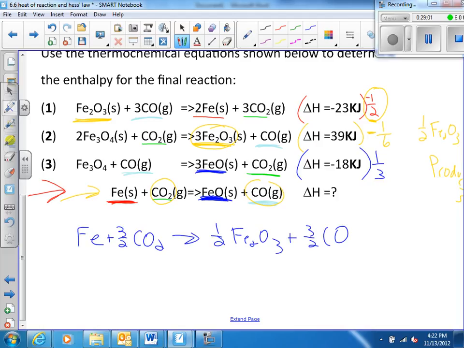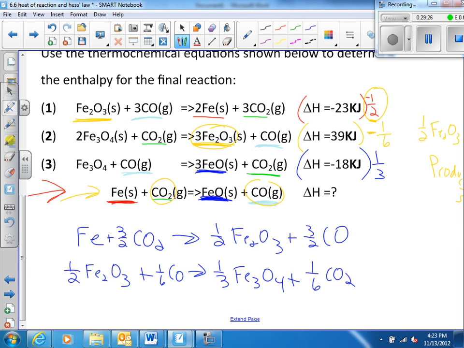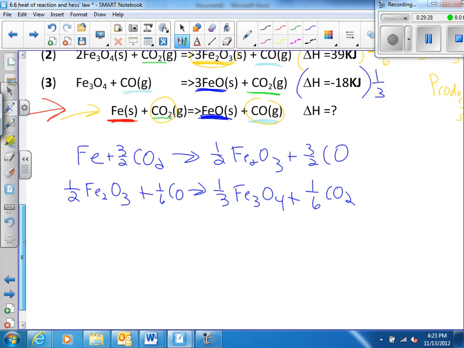So I've got 3/6, or 1/2, of an Fe2O3, 1/6 of a CO, and 2/6, which is 1/3, of an Fe3O4, and 1/6 of a CO2. I just multiplied straight across the board.